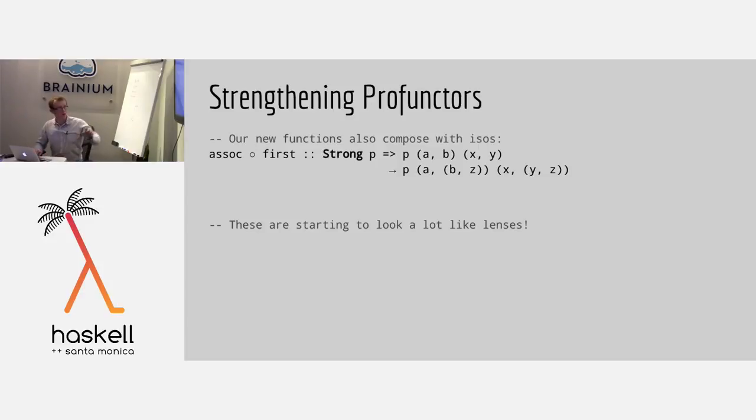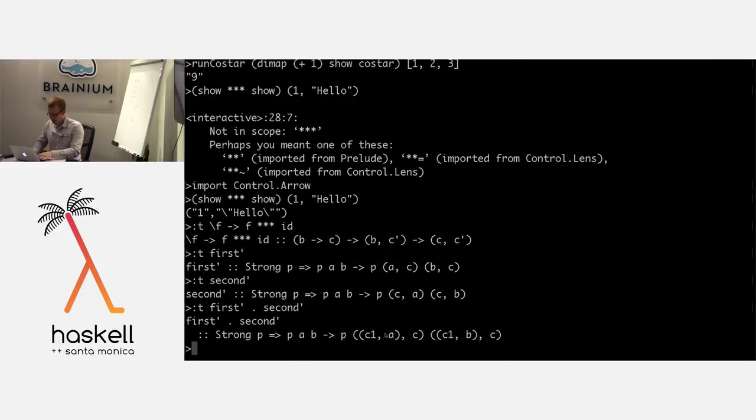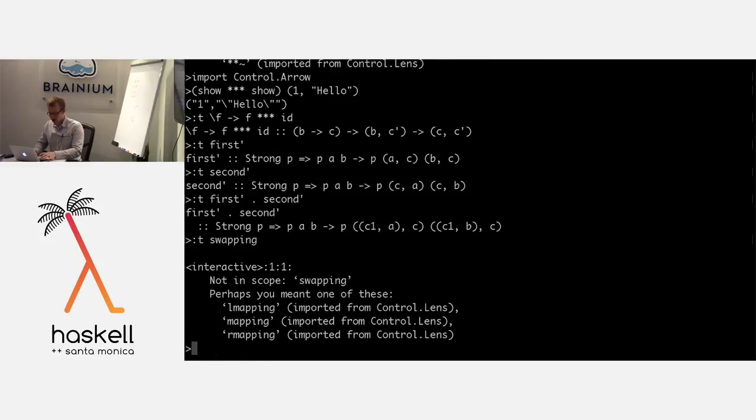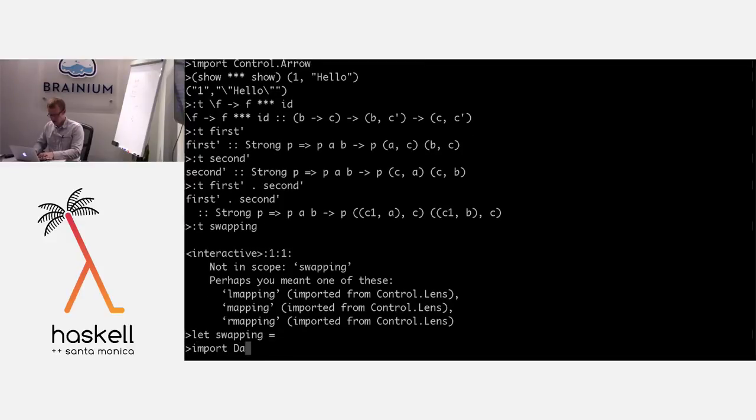Okay. So a sock was one of our examples, but I think I only defined swapping in here. Let's just check. Okay, well, we'll just do swapping. It's a little easier. That's right, because I reloaded. Import Data.Tuple.